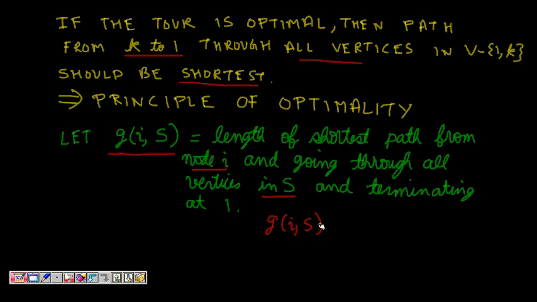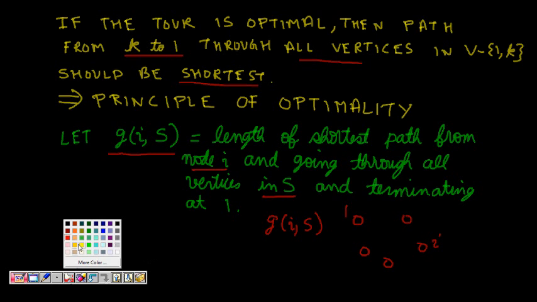Okay, so what we have is vertex 1, then we have some vertices, and then we have vertex i here, and all other vertices are there. Then G(i, S) means the length of the shortest path which starts from node i and goes through all the vertices.